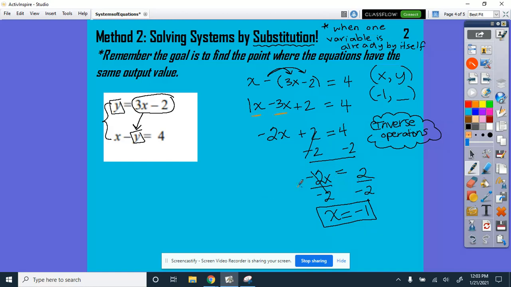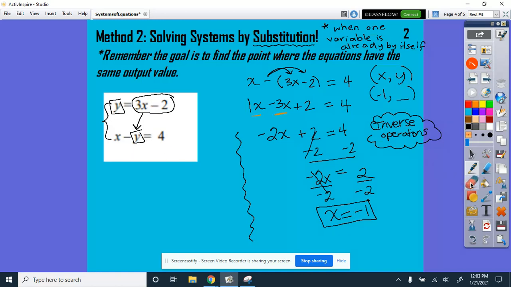So I want you to think for a second, how could you possibly figure out what the y value is? Yeah, we could take this negative 1 that we just figured out, and use one of our equations already given to us.